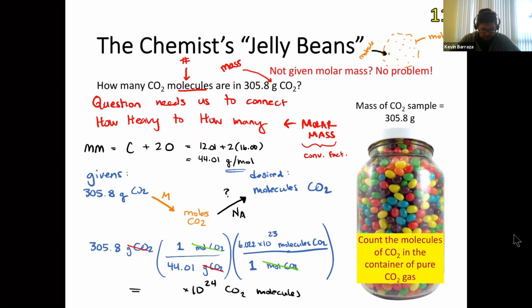Whoops. 305.8, unless someone can tell me, by 44.0. Oh, perfect. Thank you. Oh, how funny. I didn't even notice that I did that. Does anybody recognize this number? The answer is 4.184 times 10 to the 24.